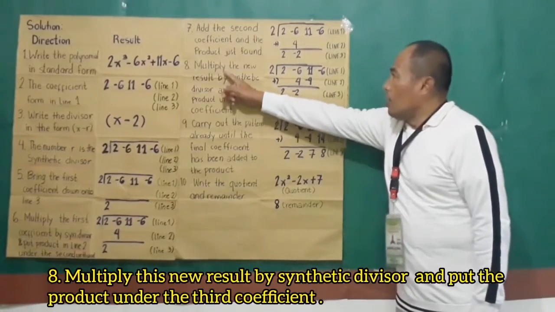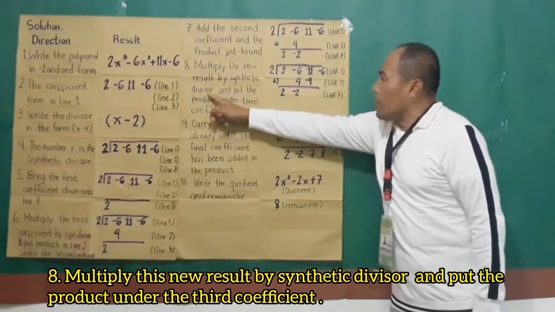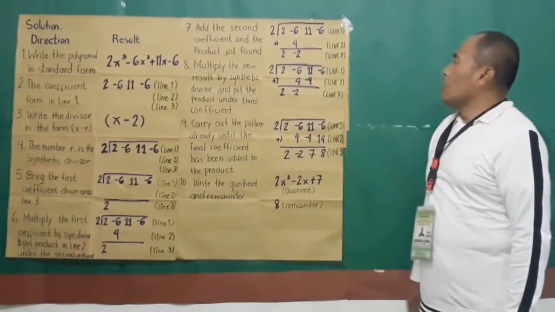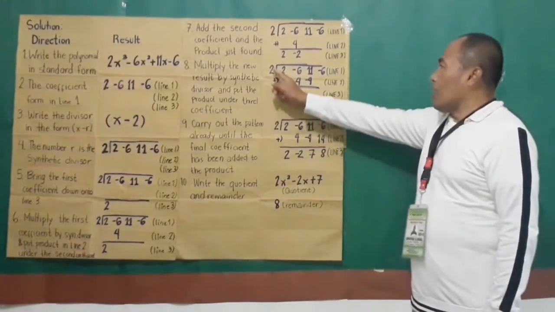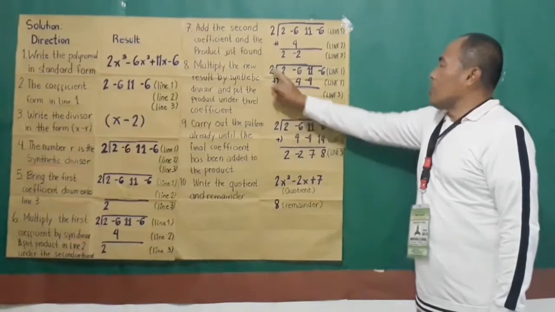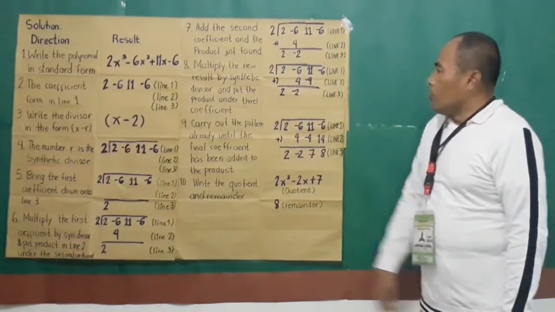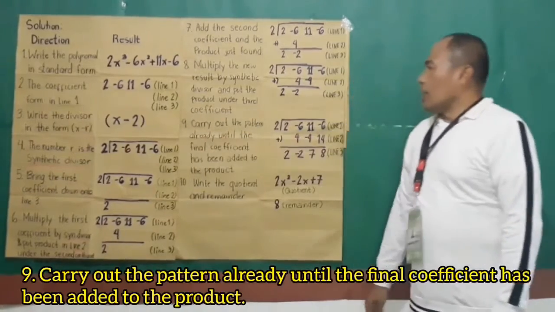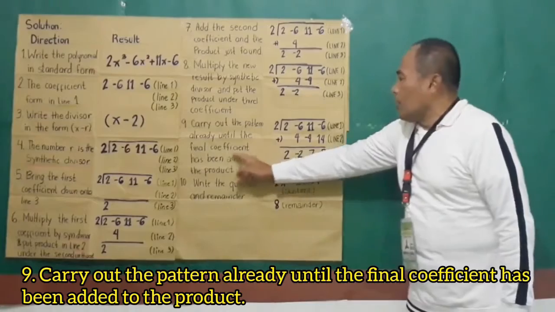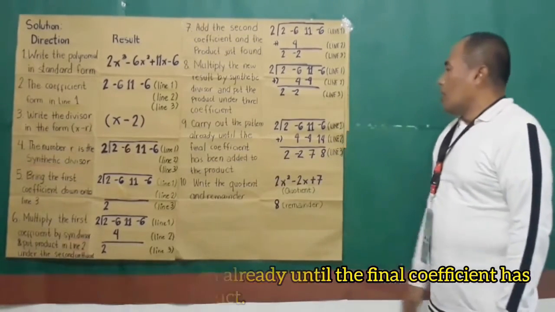8. Multiply the new result by the synthetic divisor and put the product under the third coefficient. So 2 times negative 2 is equal to negative 4. 9. Carry out the pattern until the final coefficient has been added to the product.